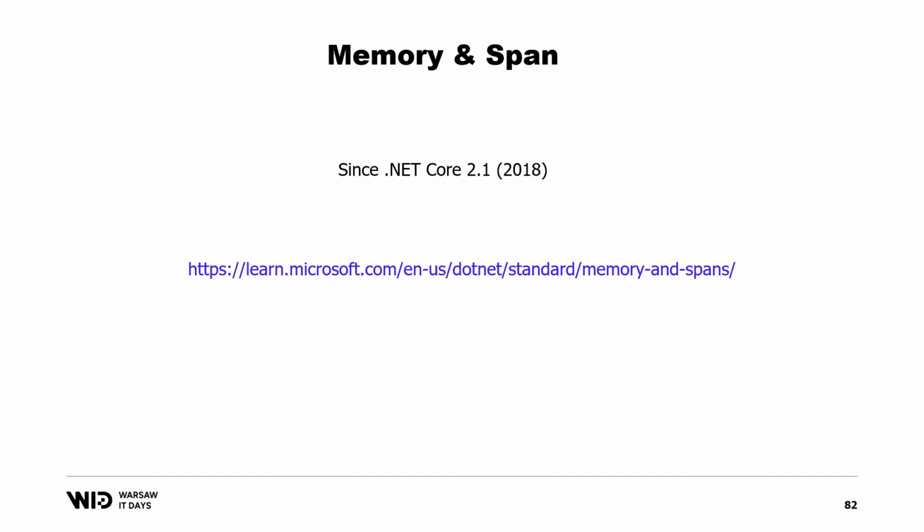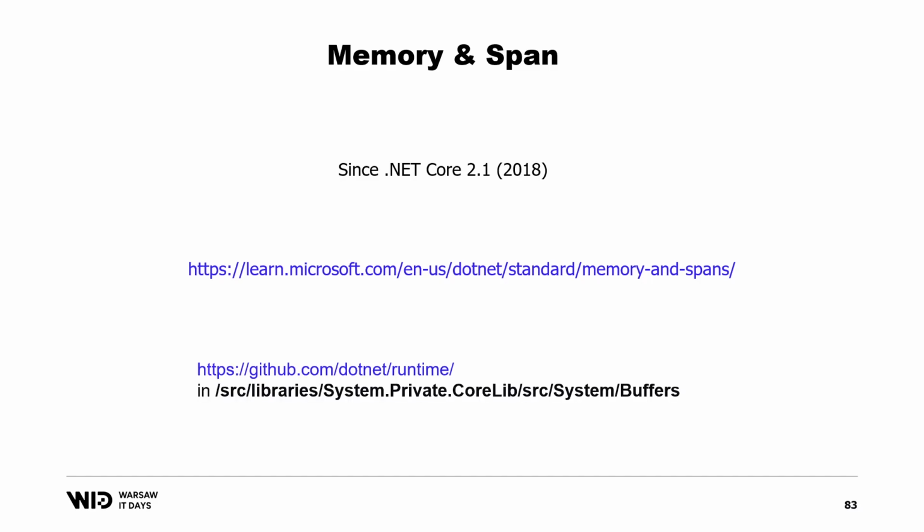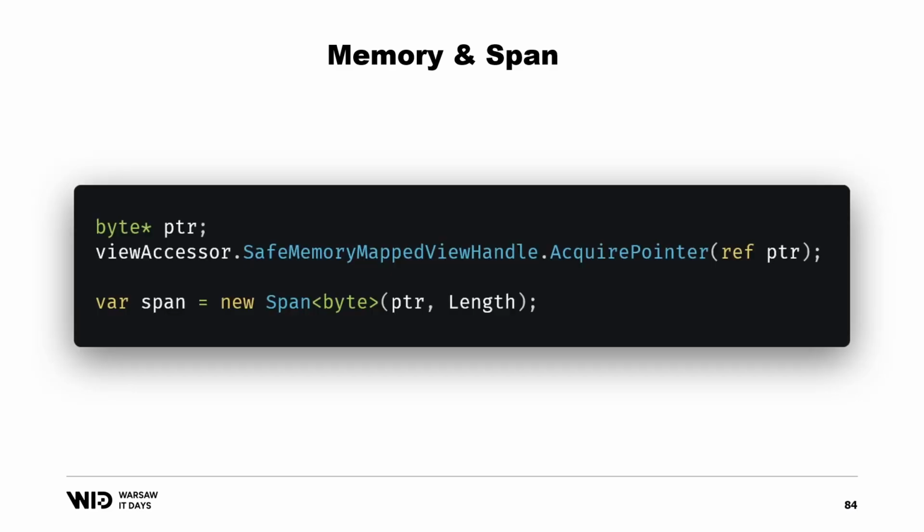5 years ago, .NET introduced Memory and Span. Those are types used to represent a range of memory in a way that is safer than just pointers. It is fairly well documented, and most of the code can be found in this location on GitHub. The general idea behind Span and Memory is that, given a pointer and a number of bytes, you can create a new span that represents that range of memory.